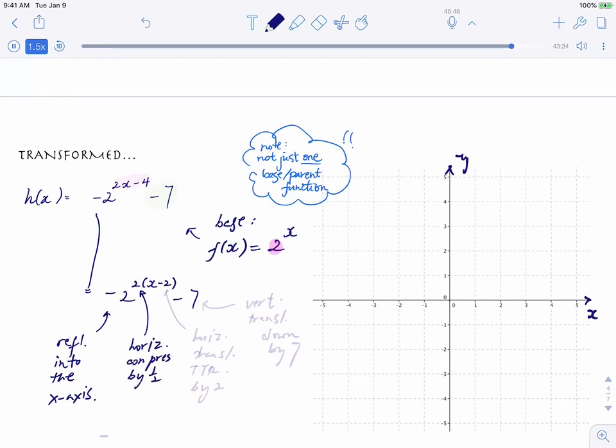Okay, by a half. And then I also have a horizontal translation to the right. And the last one is a vertical translation. And is it up or down? It's down by 7. I guess you won't be able to graph this on this grid because of -7. But as long as you get the list of transformations, it's all good.